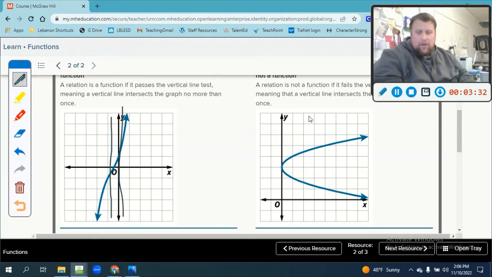On the other hand, over here, look at this function. If I draw that vertical line, I'm hitting twice. That means at x equals 2, I might get a y of about 1.75, and I might get a y of about, let's see, 1, 2, 3, 4.5. So I have two choices there.